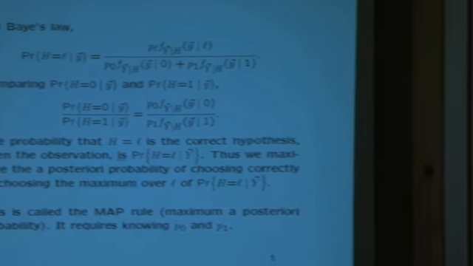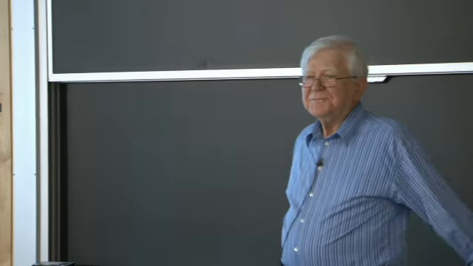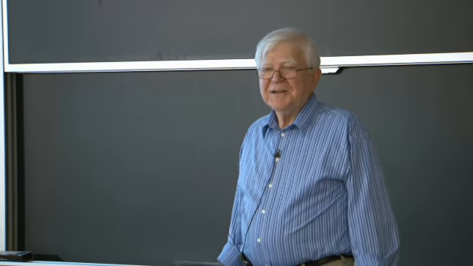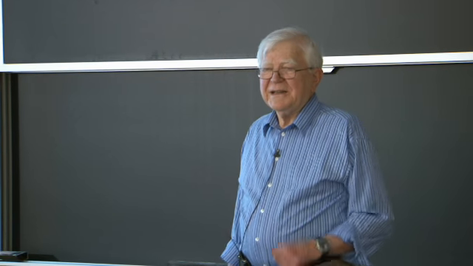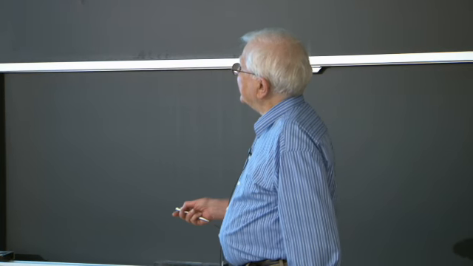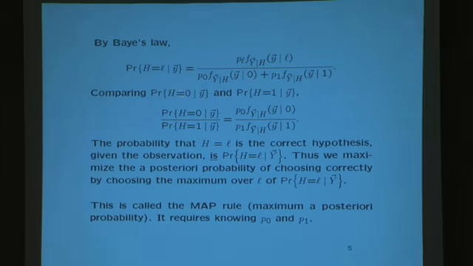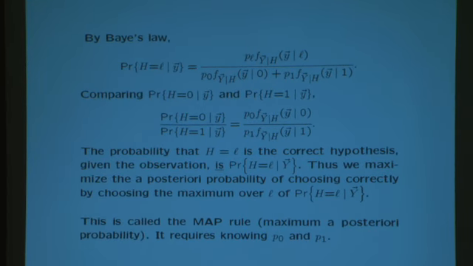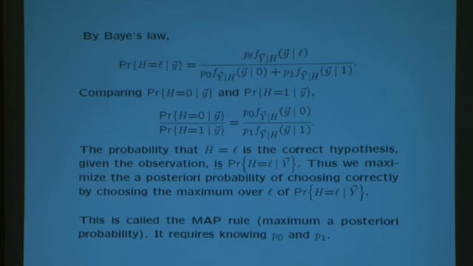I might not be explaining it well, but if you start out with P of A given B is equal to P of B given A times P of A divided by P of B, this quantity here is P of Y. So we have the probability that H equals L times the probability of Y given L divided by P of Y. So you maximize the a posteriori probability by choosing the maximum of these.